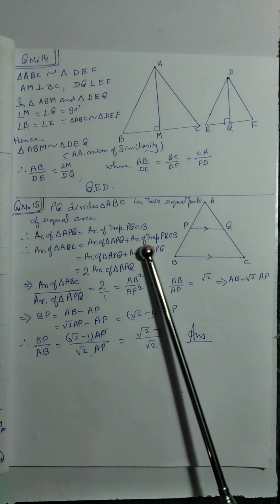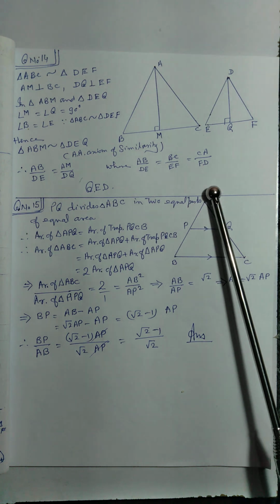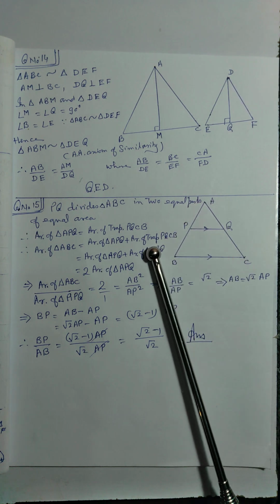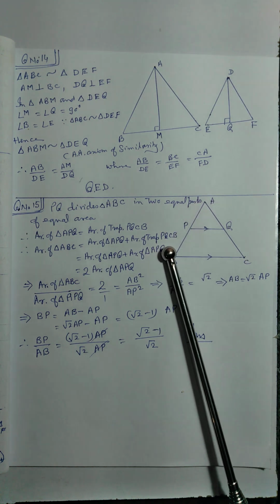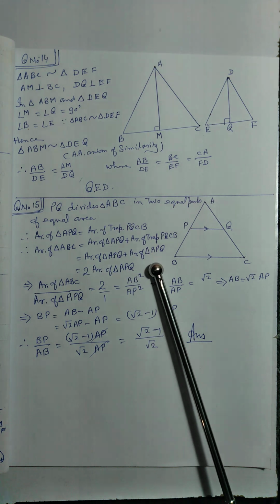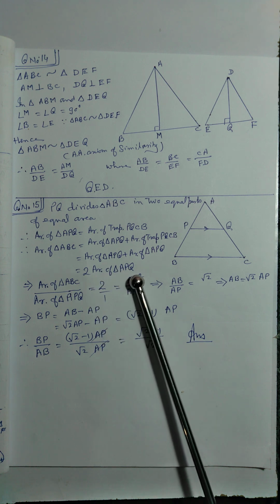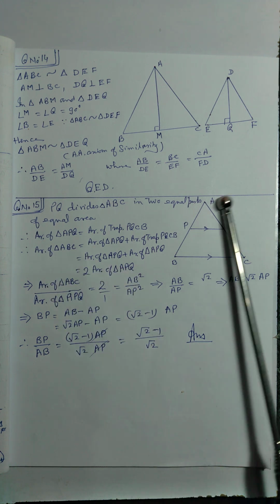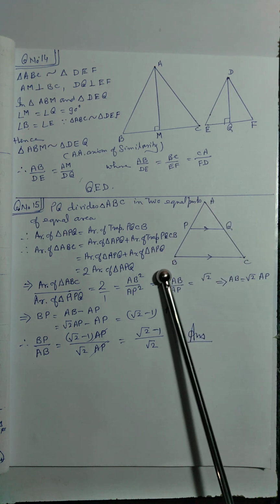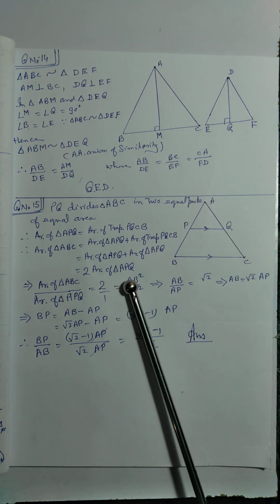Why? Because the area of the trapezium is equal to the area of APQ. So combining these two, area of ABC will be equal to twice the area of APQ.